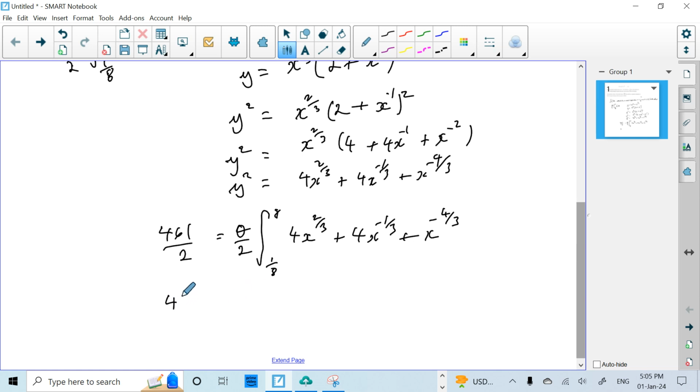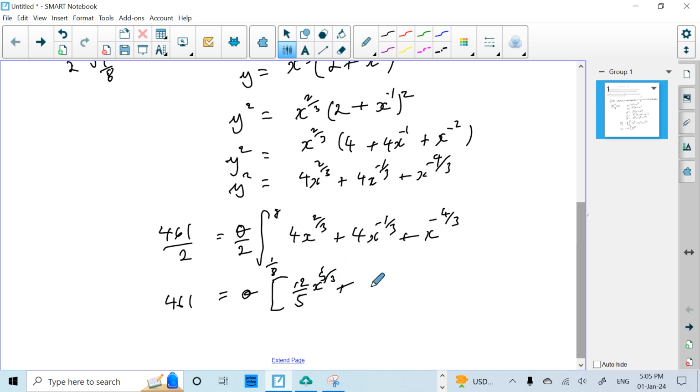I can now go straight to 461 is equal to theta, because our 2's are eliminated, and of course we've got our boundary conditions. 2/3 will add 1, 3 over 3, so that's going to be 5 over 3, and 3 over 5 times 4 is going to give us 12 over 5, x to the 5 over 3.